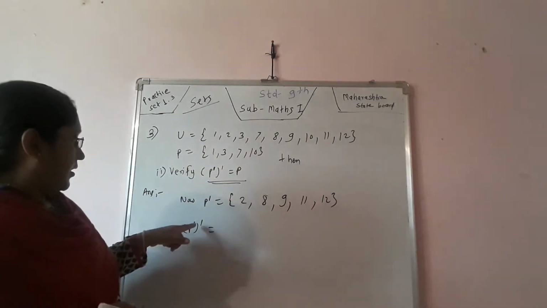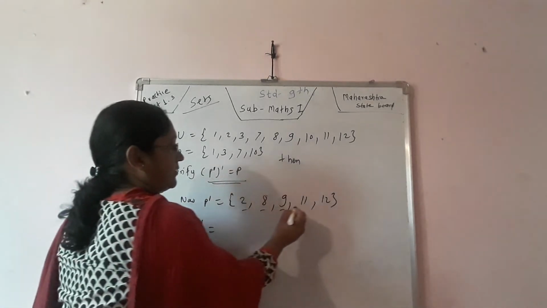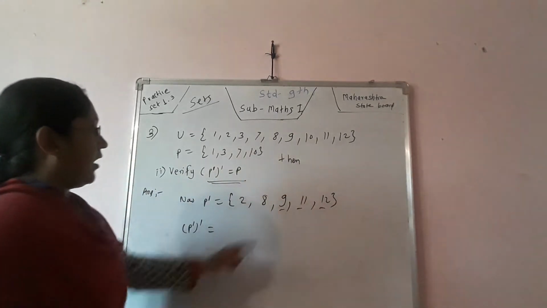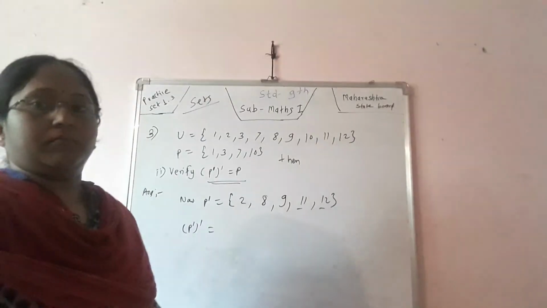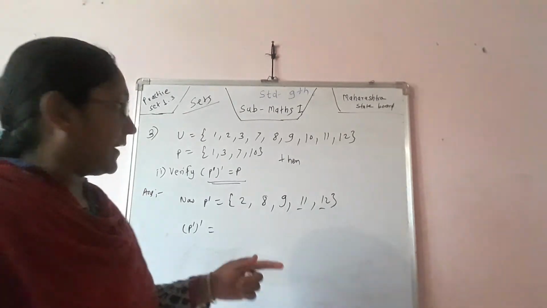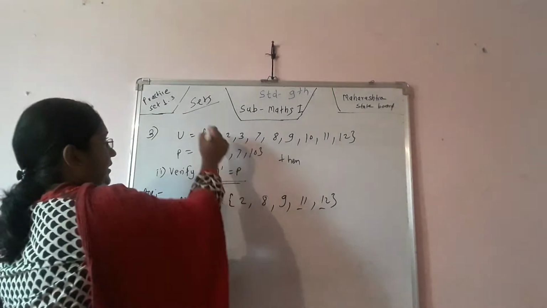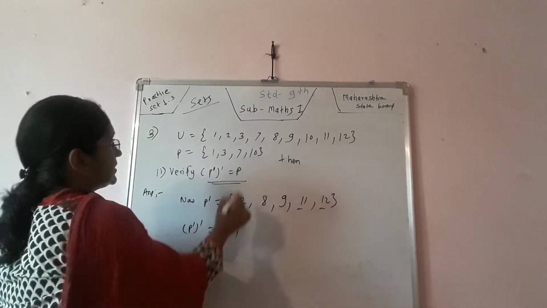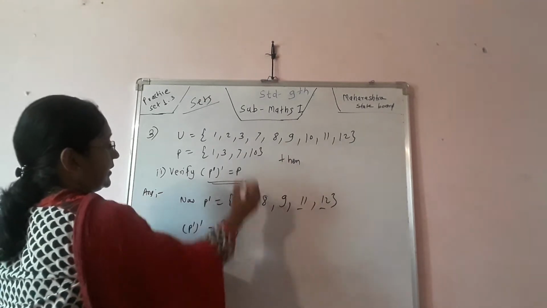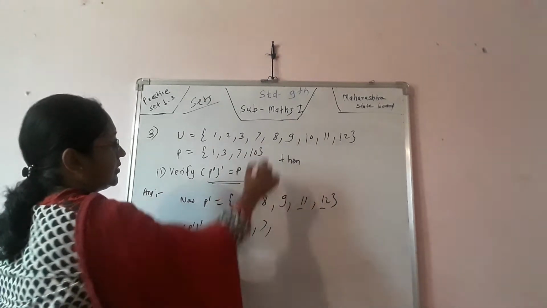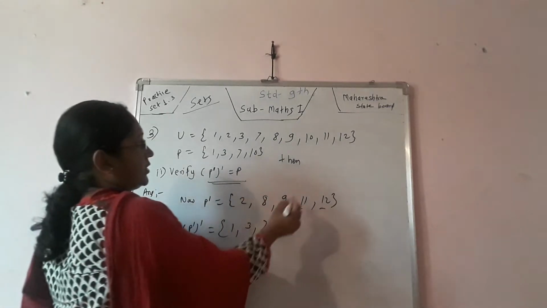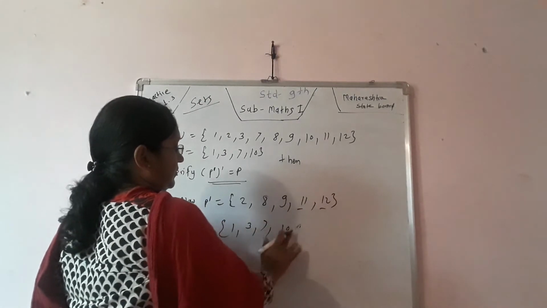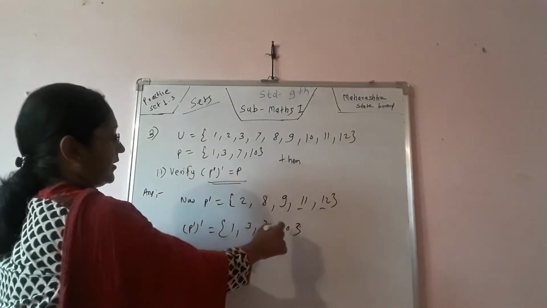That means now we do not take these elements, and take other than these which are contained in U. Take 1 because 1 is not in P dash, then 2 is here, do not take; 3 also take; 7 take; 8 do not take; 9 is also here, do not take; then 10 take; 11, 12 are here, do not take. Okay. Then 1, 3, 7, 10.